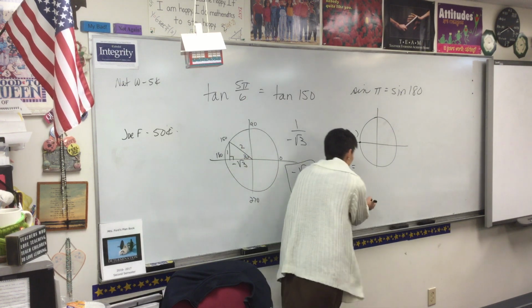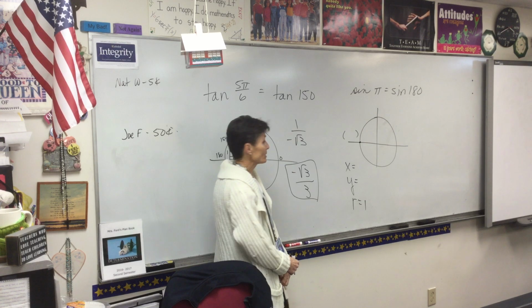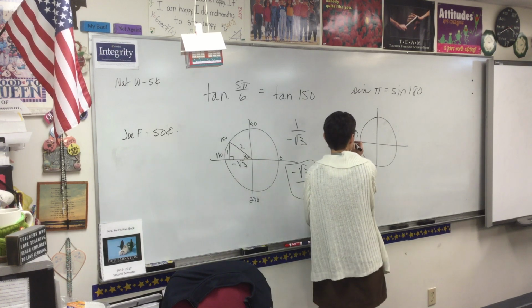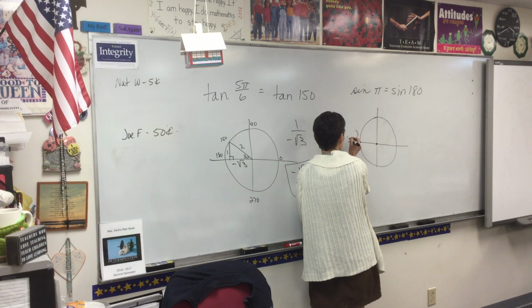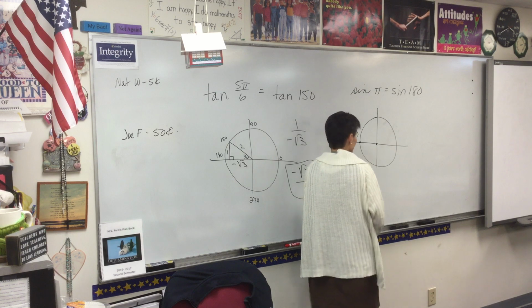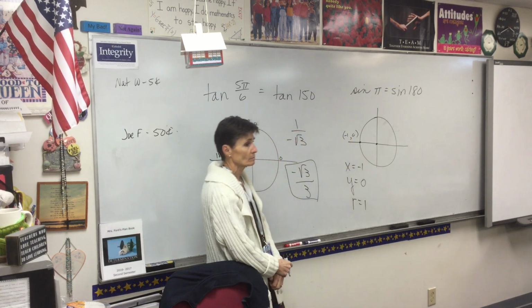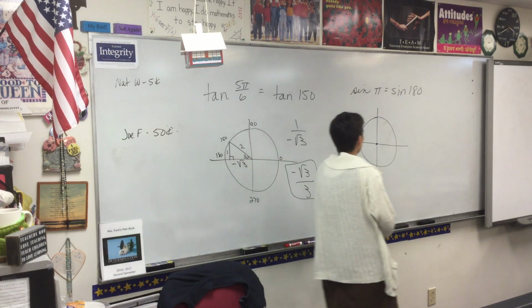So we're just automatically letting r be 1, which automatically means this point then, here's the origin, we're coming left 1. What is this point? Negative 1, 0. So x is negative 1 and y is 0. Sine is y over r.